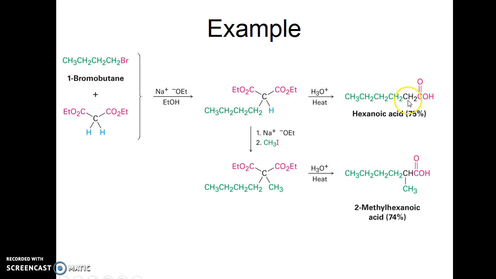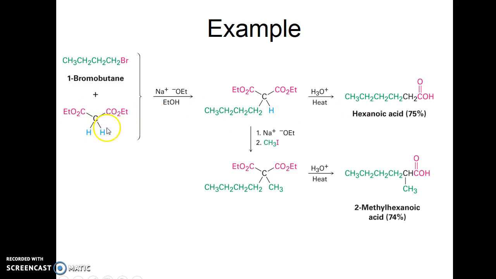And look what the net effect is. Here are those 4 carbons. Here are those 4 carbons. And then here is basically what looks like acetic acid being tacked onto that alkyl group. So what is that? That's this carbon and one of these carbons in an ester group that's been taken down to an acid.